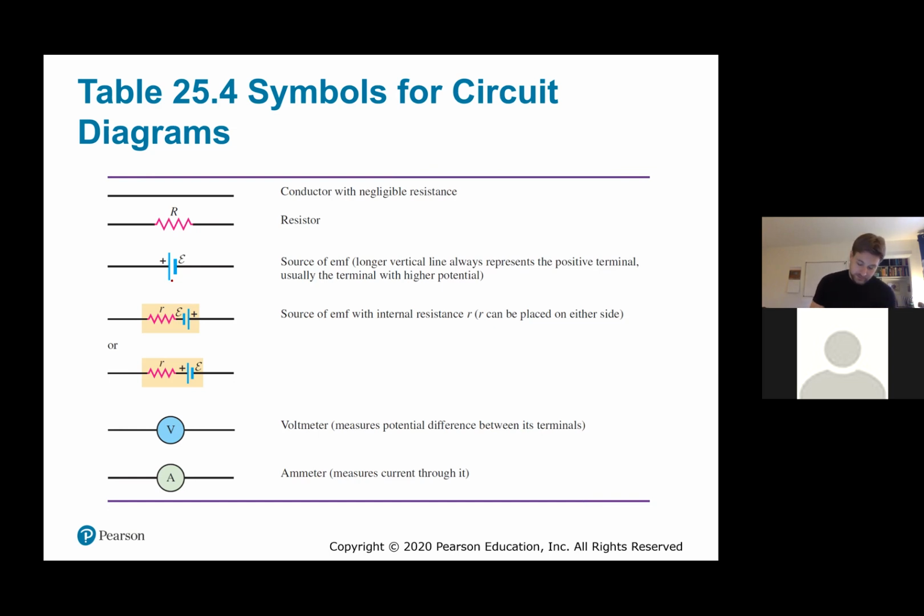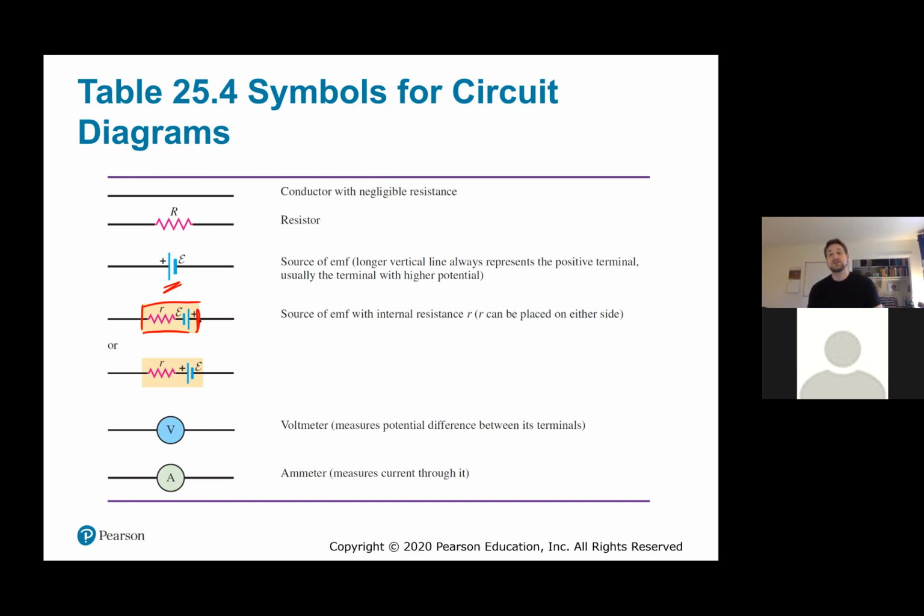A battery, or better yet, an EMF source, just the symbol script E. If we want a real battery, we'll often draw it as an EMF source packaged with its own internal resistance. And we can put the resistance on either side, it doesn't matter.